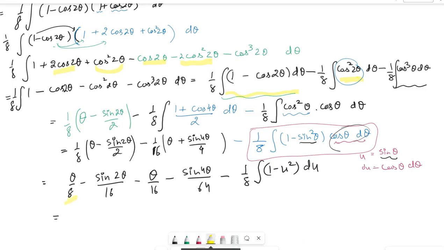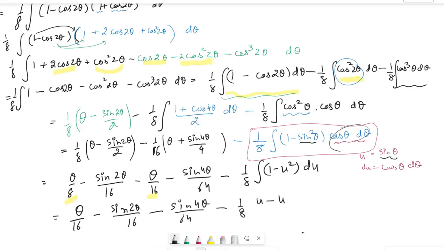Theta by 8 minus theta by 16 would be just theta by 16, minus sine 2 theta by 16 minus sine 4 theta by 64 minus 1 by 8. Integral of 1 would be u. Integral of u square would be u cube by 3. So we are done with all the integrals plus c.